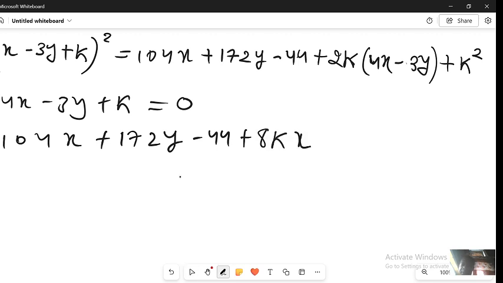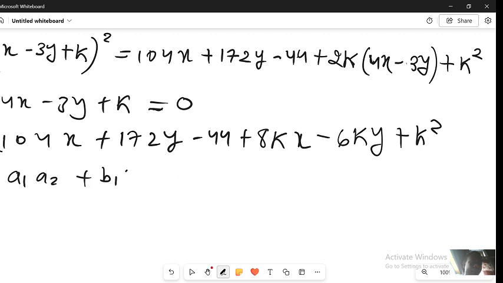Now these two lines I have to check to form a right angle. It's going to be a1 a2 plus b1 b2 equal 0. My a1 is 4 multiplied by 104, plus b1. My b1 is what? Minus 3.